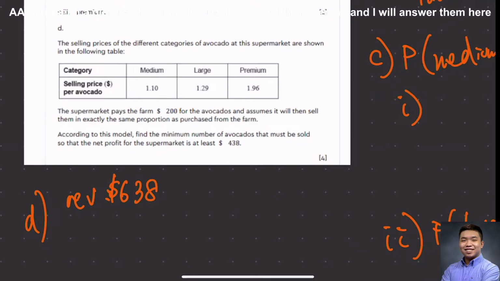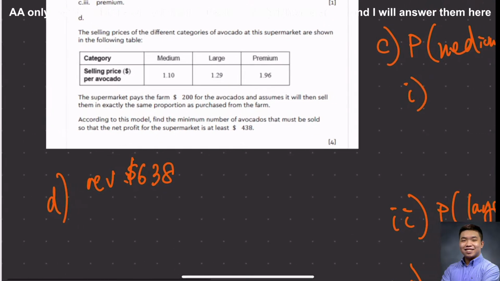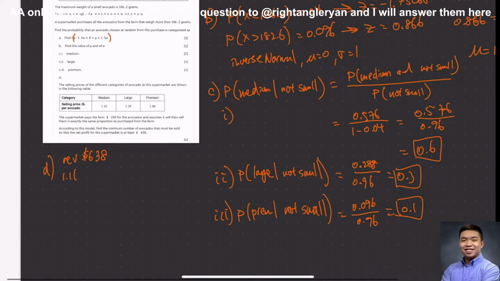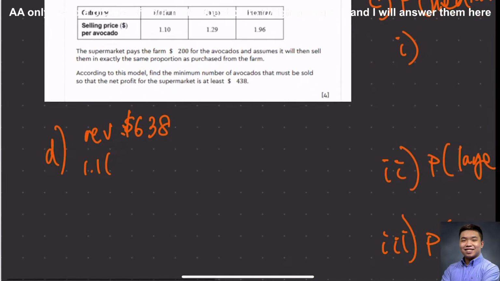How am I going to do this? Well, I need to do 1.1 times the number of medium avocados, and the medium avocados I know are 60% of everything that I bought. So actually, let n equal the number of avocados bought.